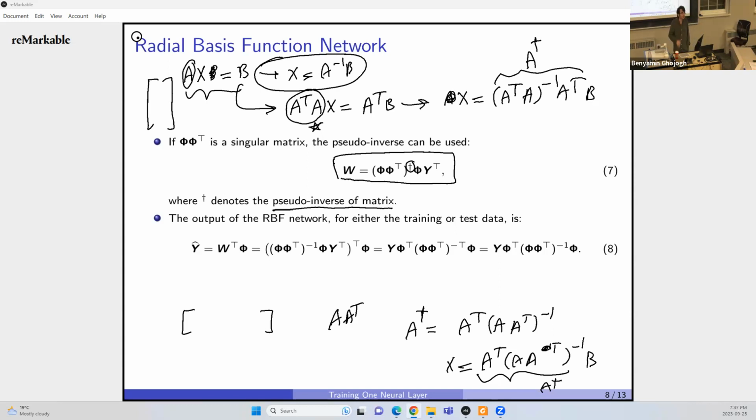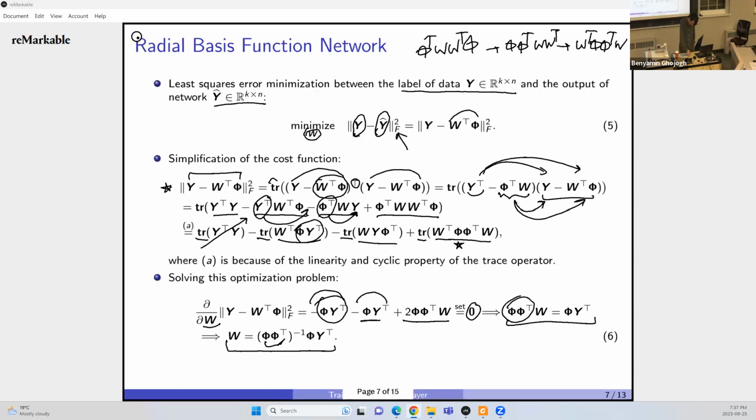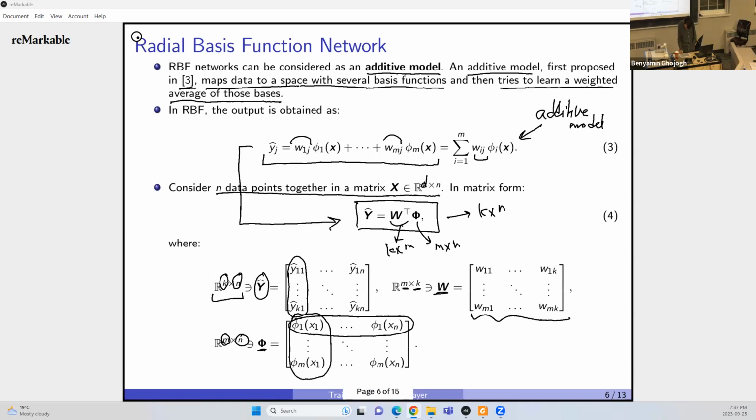For some input X, what should I do? First, I should calculate phi. How was the matrix phi calculated? Let's go back. Here is matrix phi, which has X in it. You feed the X's as input to your kernel basis functions, such as RBF functions. Then you can form this matrix phi.